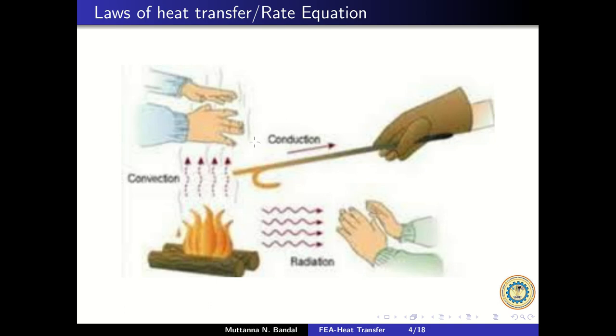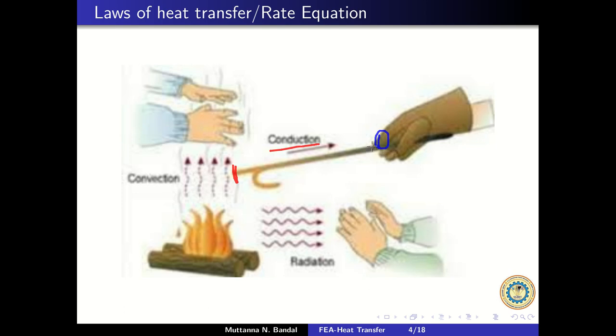Let us consider conduction. In conduction, a person is holding a solid rod at one end, and the other end of the rod is exposed to the fire, and over a period of time the heat is transferred from this position to this position. So over a period of time we can sense a change in the temperature here.